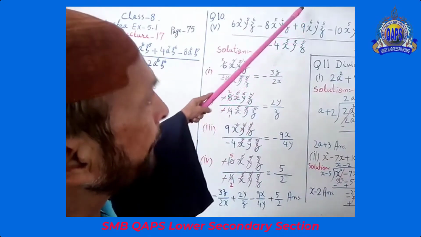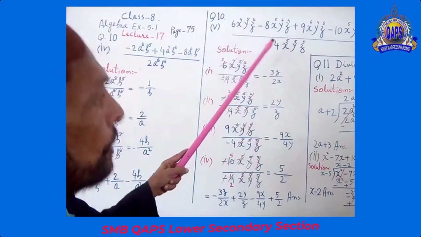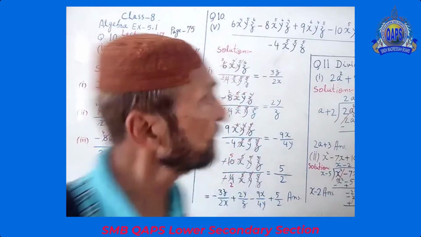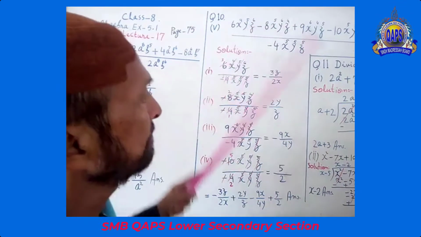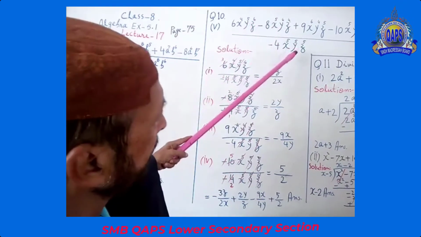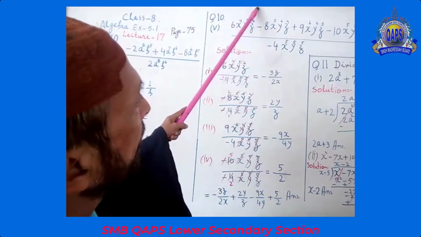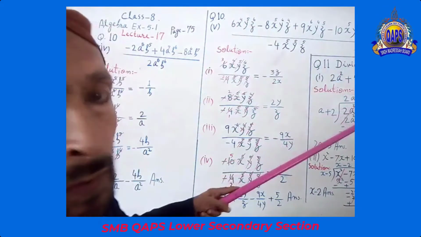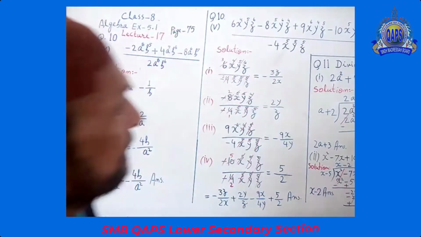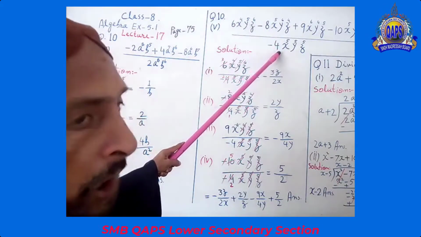The upper part is numerator and the lower part is denominator. Again, upper part, numerator, lower part, denominator. So we say that this is the upper part and that's the lower part.